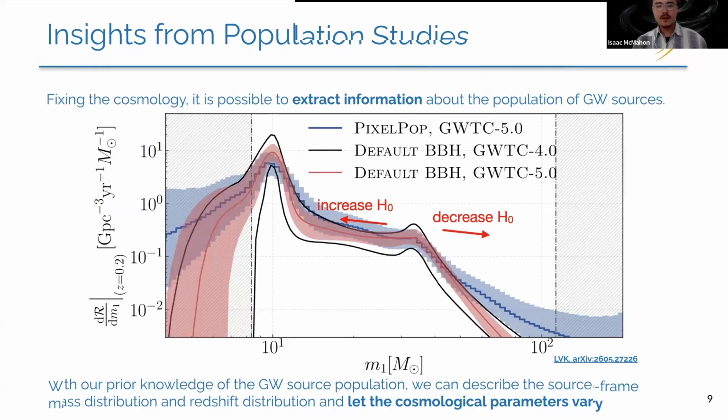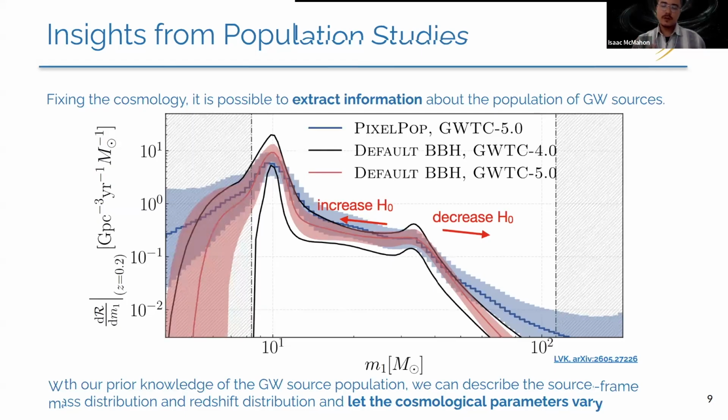There are these peaks that happen, in this plot, around 10 solar masses and then around 30 solar masses or so. If you fix the cosmology, you can plot this very well. Now, this is dependent on the cosmology, which is a certain value of H naught, a certain value of dark matter density, and so on.